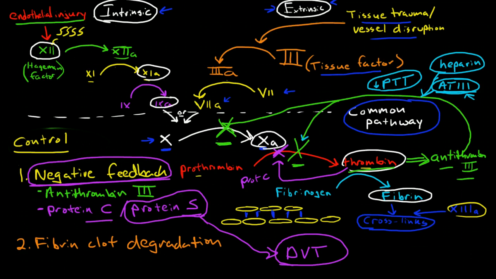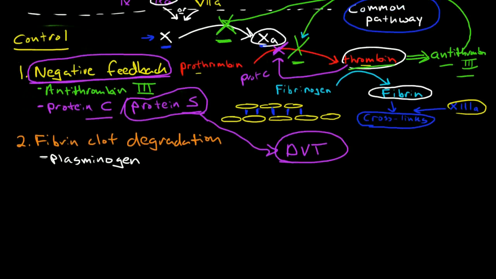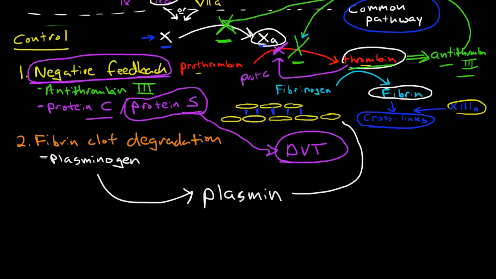Now, the fibrin clot degradation system is centered around a protein called plasminogen. Plasminogen becomes activated to plasmin, and plasmin is a protease that breaks down fibrin clots. So it starts to break them up into little pieces.